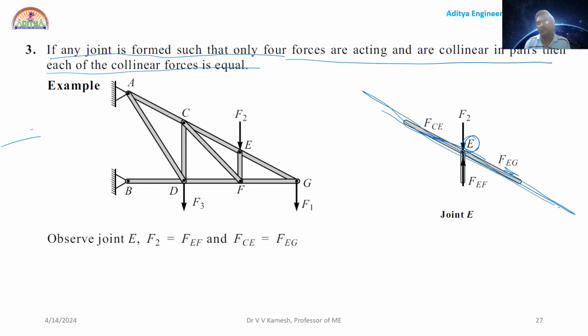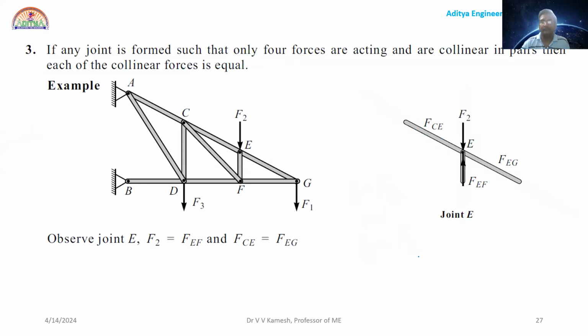And the load and the force induced in the member EF, F2 and FEF, these two are collinear. So a joint is formed. Obviously F2 will become equal to the induced force FEF, and FCE will be equal to FEG.